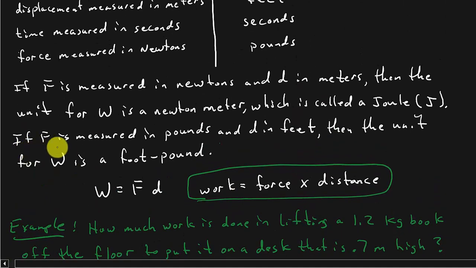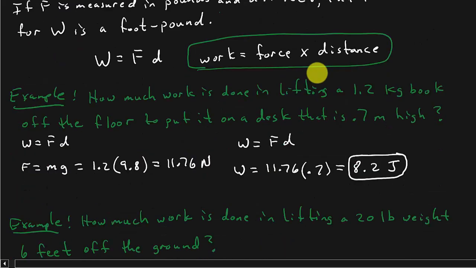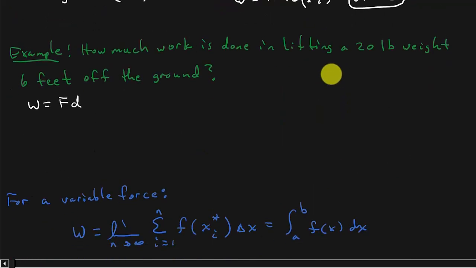But notice what it says here. If F is measured in pounds, we're in the US customary system, so you can see force is measured in pounds, and this is a 20-pound weight, so this is the force. And then the 6 here, that's our distance D. So we just plug it straight into the formula.